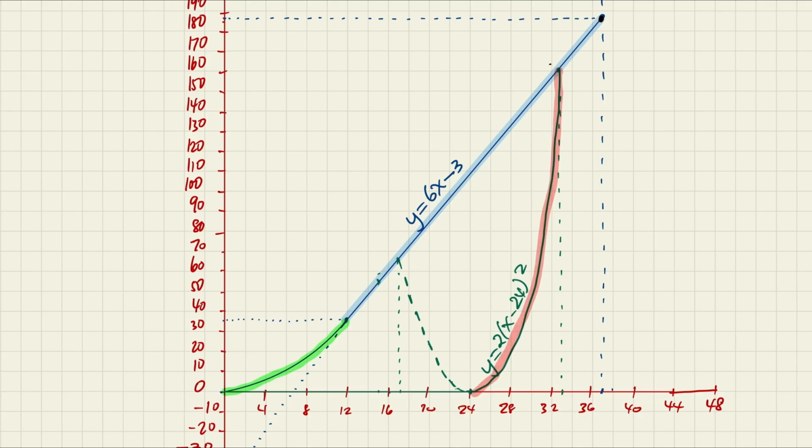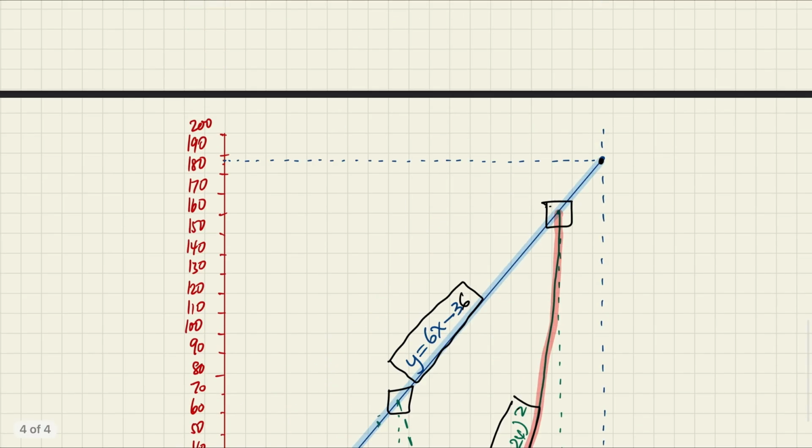So what I really did here was I solved for the points of intersection of the two graphs. Step one would have been to calculate the equation of the straight line, this blue line, and then calculate the equation for this line, and then solve for the points of intersection. You'll notice this blue line has an equation of y equals 6x minus 36.